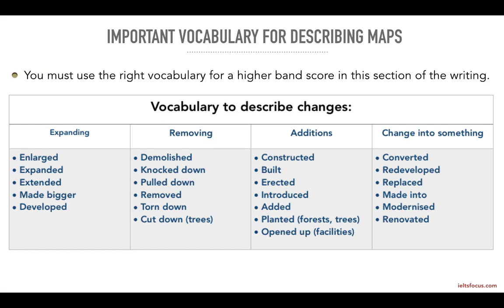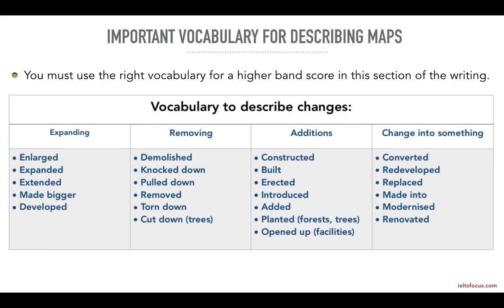So the housing was developed, or the housing estate was expanded. Removing, so demolished, knocked down, pulled down. And for trees and forests, you'd say cut down. I have seen tasks before where students have written about like the forest has been demolished, and that just doesn't go well. Forests are cut down, buildings are demolished, or buildings are knocked down.